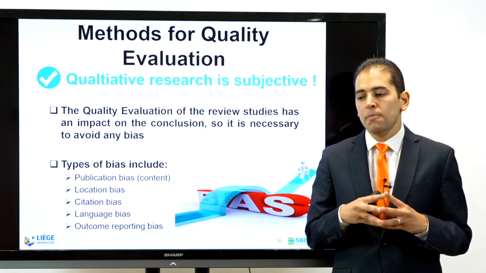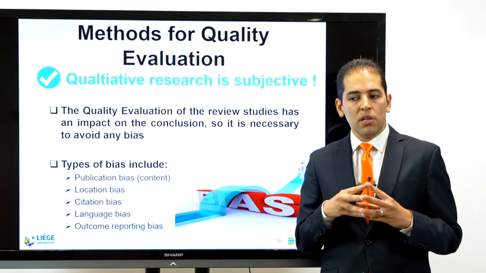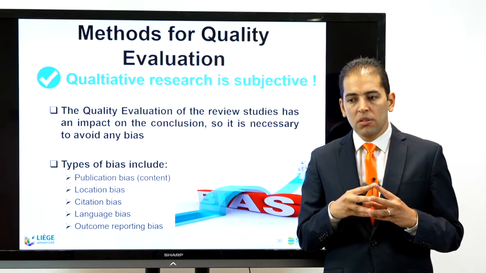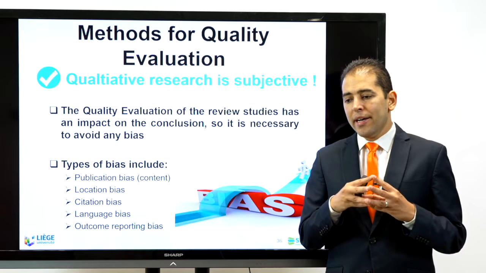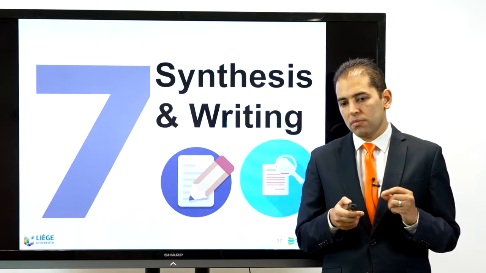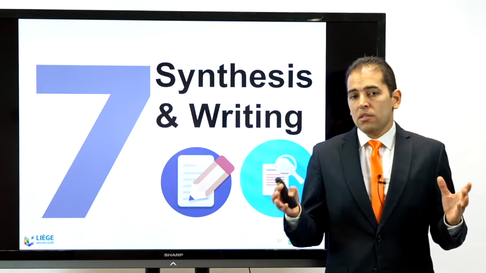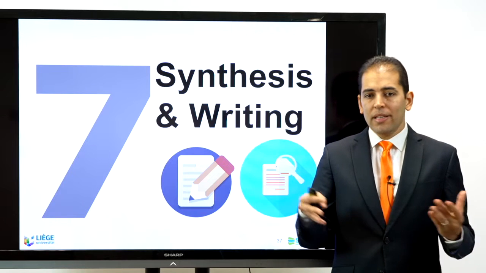So you need to be very careful and double check and involve your whole reviewer teams or author teams to make sure that you are providing reliable and trustworthy conclusions. Now this step is done, the data is extracted, the data is analyzed, let's go write.